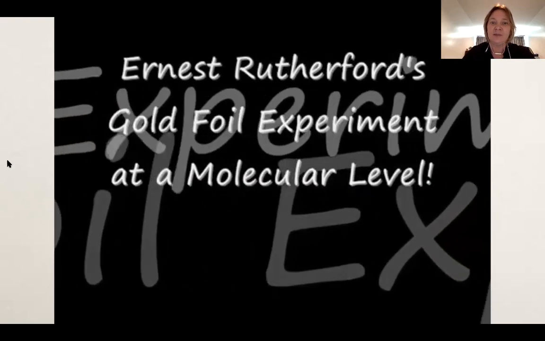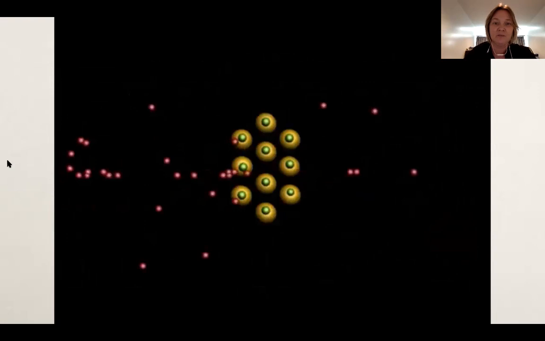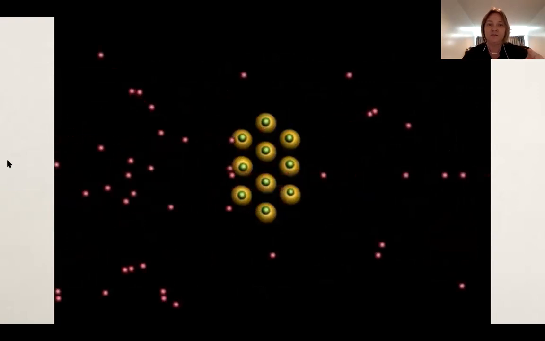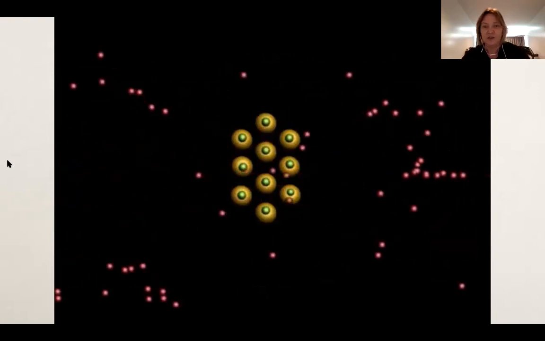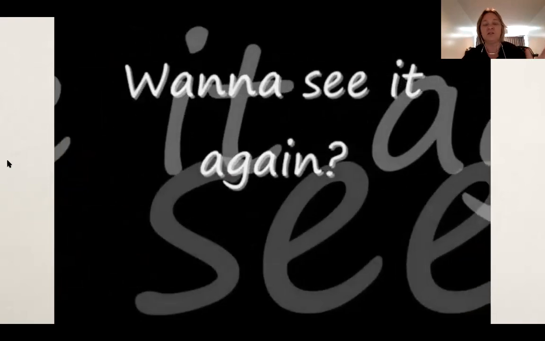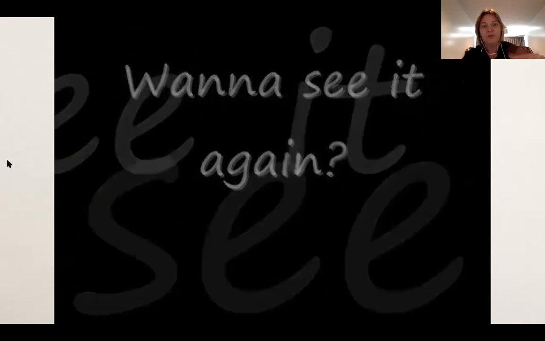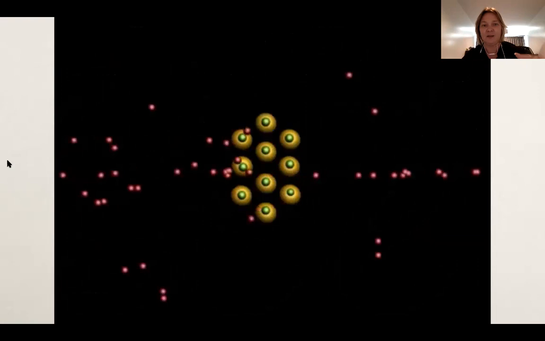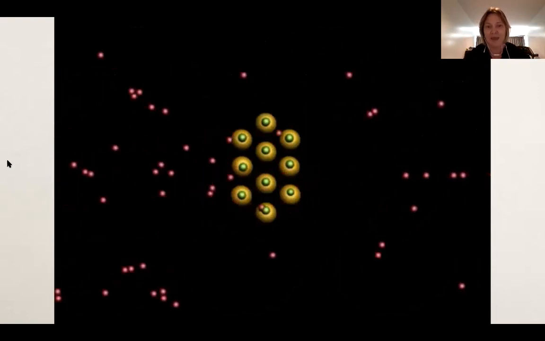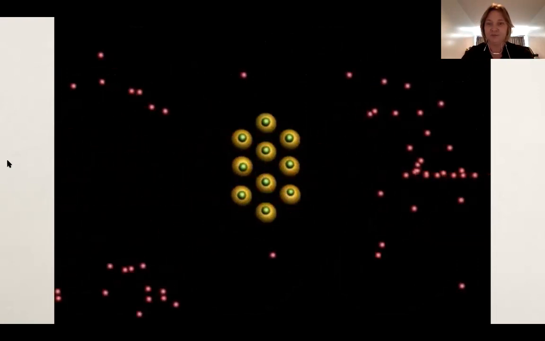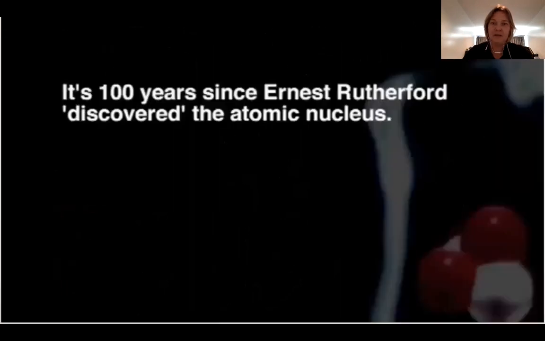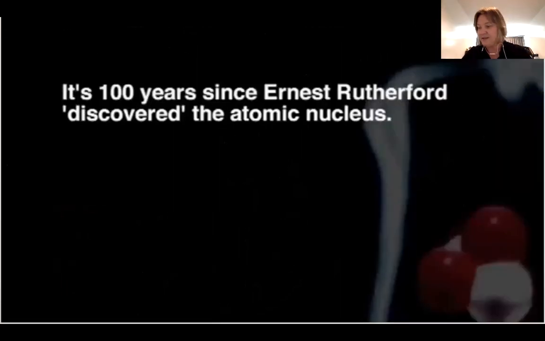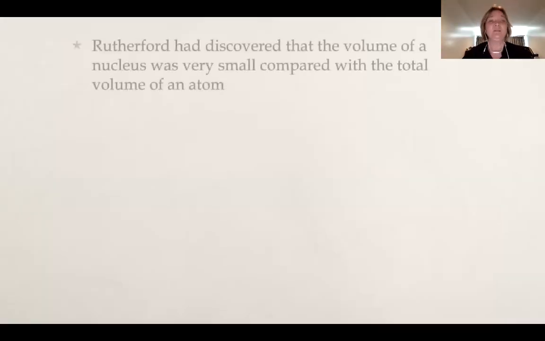So looking at it at a molecular level, what's actually happening here? What you see is the nucleus. A lot of the alpha particles would go straight through, but you have a lot of deflection because they're hitting something that has a significant mass and a positive charge. Okay, so that is the gold foil experiment.